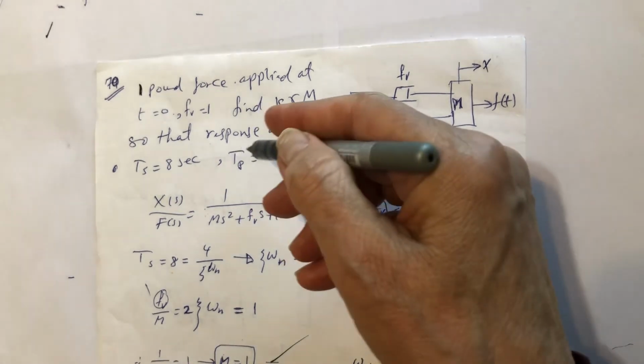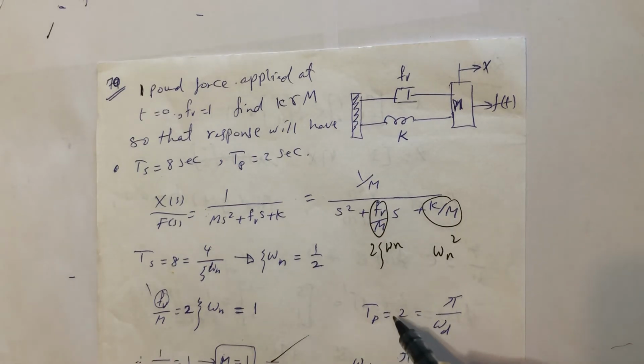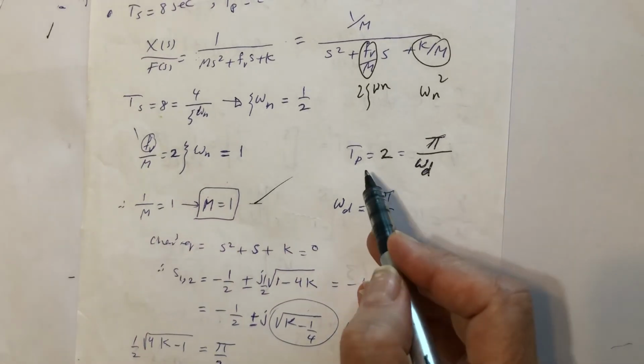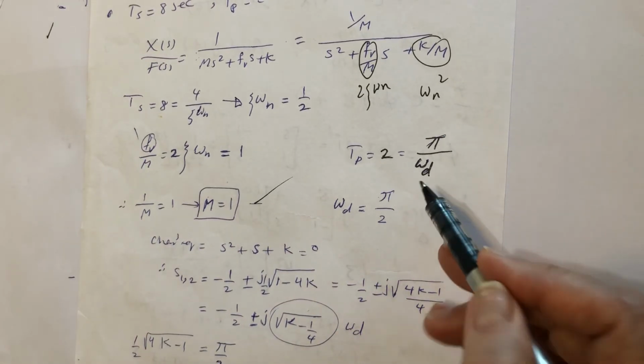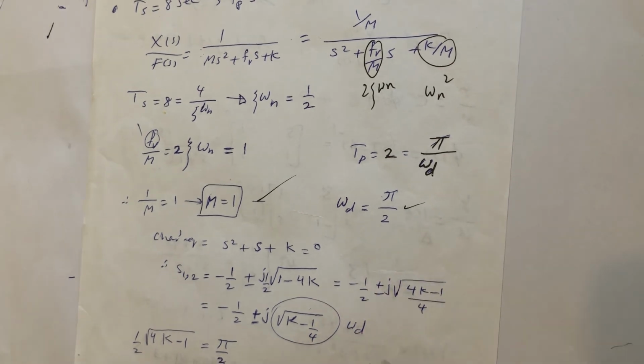Now I have from Tp, omega d. We have given Tp equal to 2 seconds. Tp equals pi over omega d. I get omega d. So omega d equals pi over 2. Right?